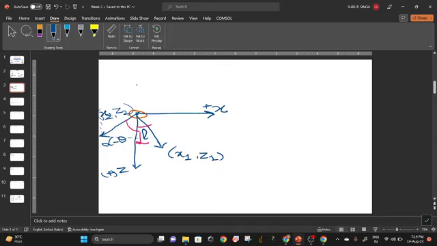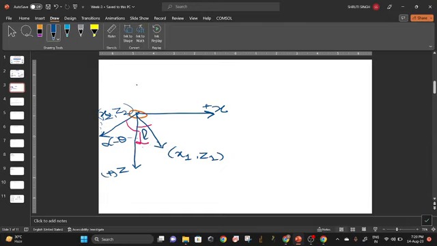Actually x2, this one, is negative, right? So I think the angles will be taken care of by the negative sign of x2.